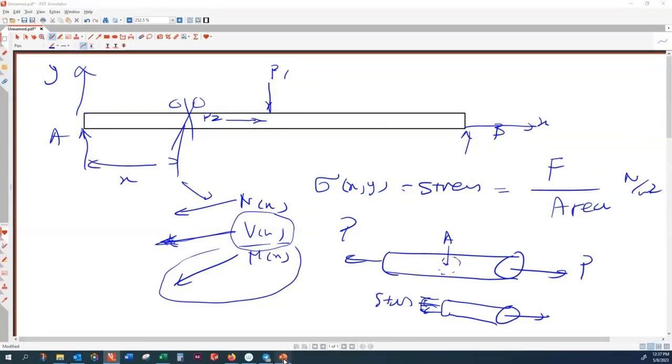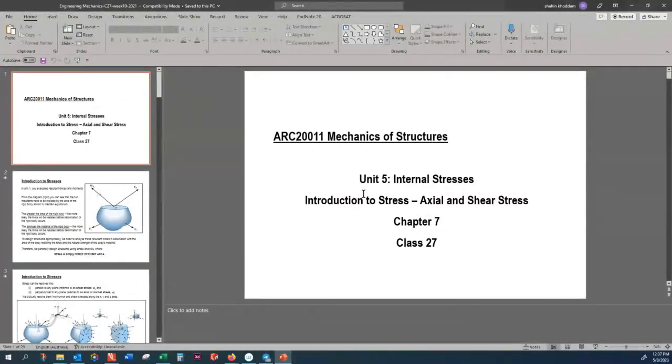So let's get started with the concept of stress. These are coming from chapter 7, and this is chapter 7 from your textbook.